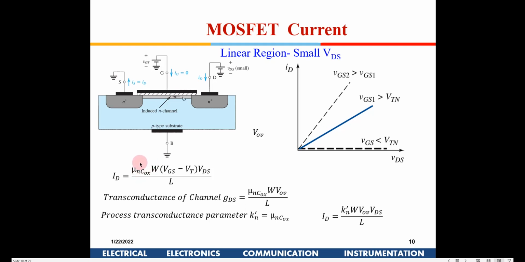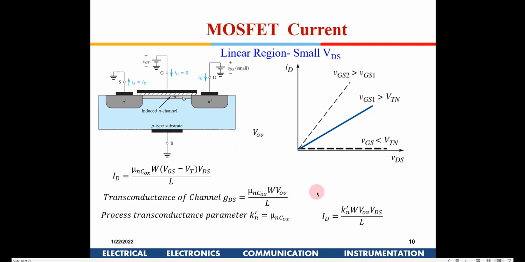Mu n also varies, we'll see that later on. But from the VLSI designer's point of view, I don't have any control of these things. So they are known as the transconductance parameter Kn dash. This is fixed for the technology. For each technology it will be different: for 180 it will be different, and for 45 it will be different. So we just have W, L and VOV in our hands to design circuits.